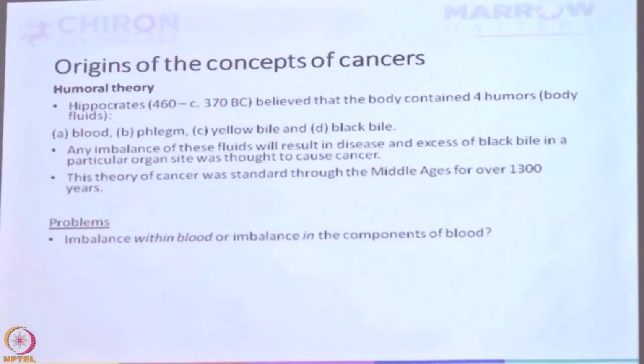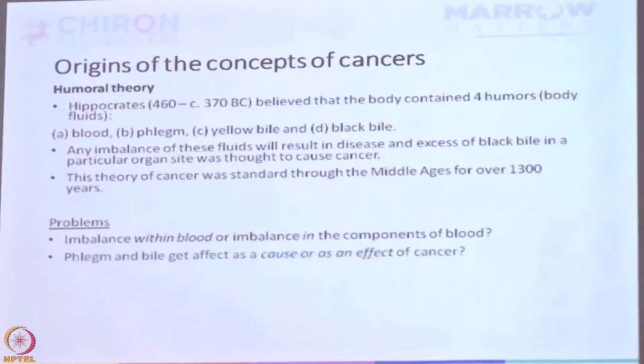All of us know that it is not the quantitative increase or decrease in blood and phlegm, etc. It is something that is happening within that fluid that actually causes a problem. And phlegm and bile probably do not cause cancer, but they are affected by cancer. So, if somebody has a liver tumor or a cholangiocarcinoma, then the flow of bile will be affected. Bile does not cause it.